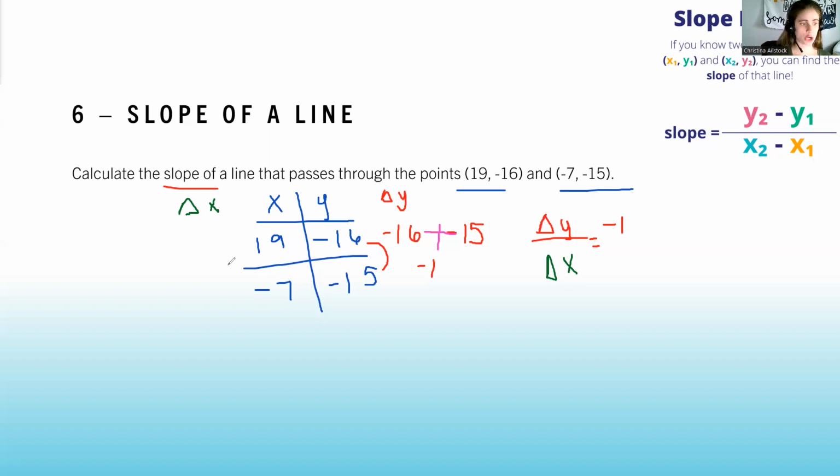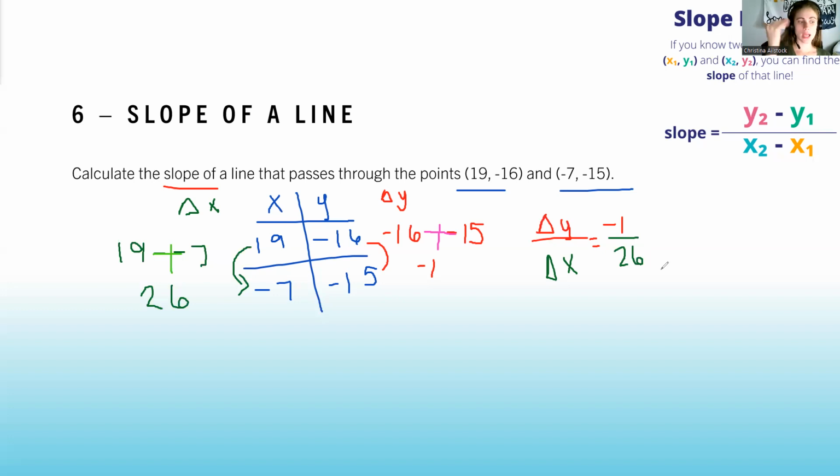Now we'll do the same for our change in x. We got to make sure we go in that same order. So we'll take 19 minus a negative 7. Ooh, looky there, it happened again. We have minus and negative, those cancel each other out and it becomes a positive. So we simply have 19 plus 7, which would be 26. So our change in x is 26.